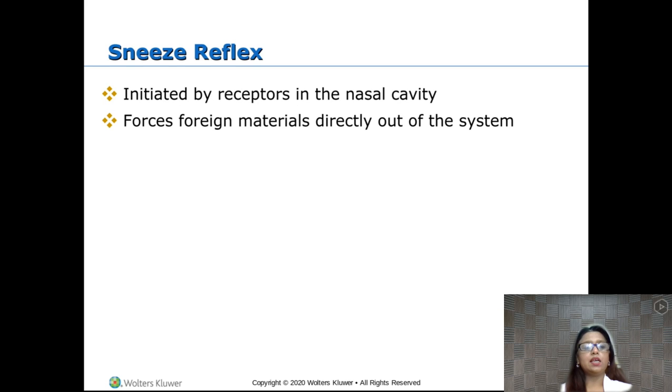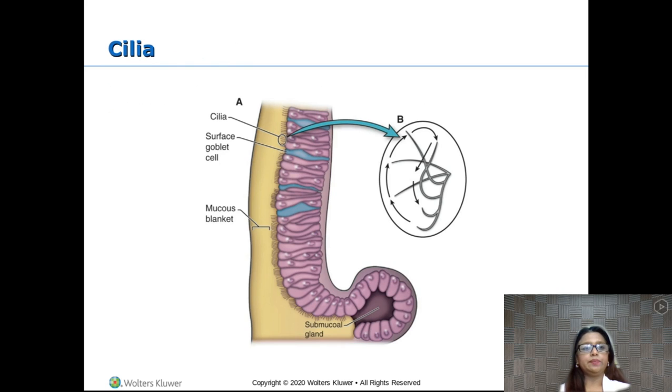And then the sneeze reflex. What is a sneeze reflex? It is initiated by receptors in the nasal cavity. Foreign materials which your body doesn't like, or that are irritating to the nose, cause that sneeze reflex. So the cough and sneeze reflex is to expel things which our body just doesn't like.